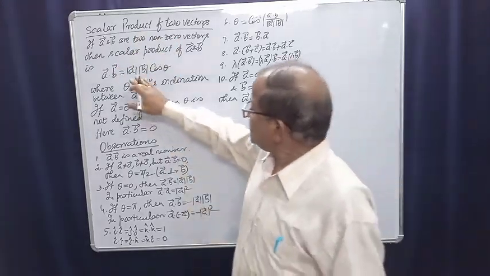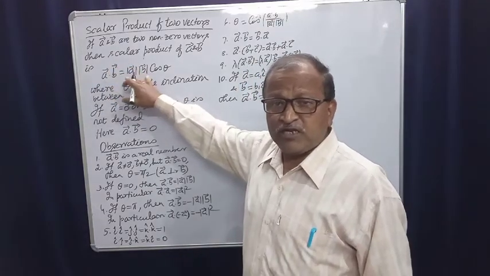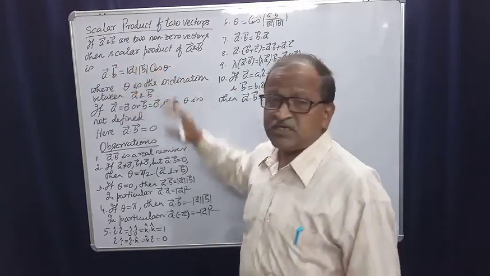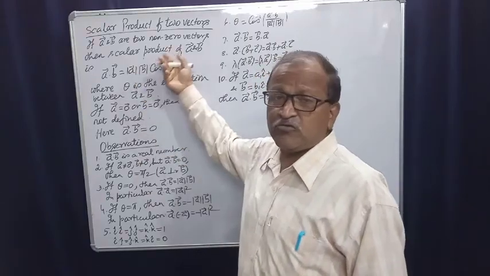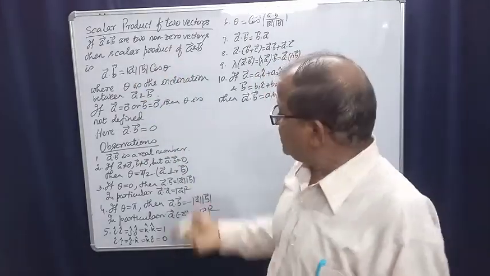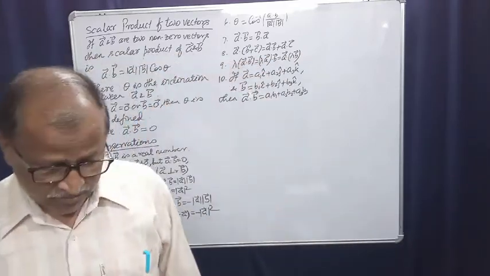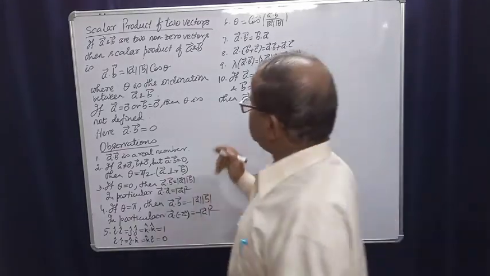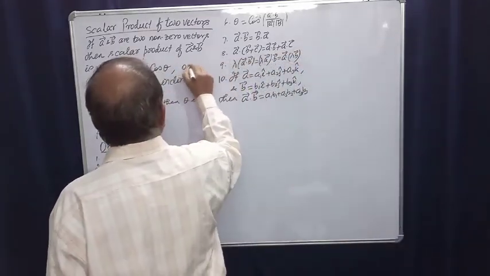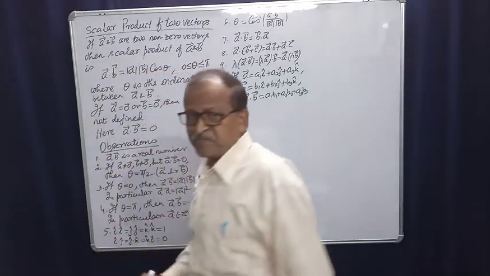Now A dot B is equal to magnitude of A into magnitude of B into cos theta. What is theta? Theta is the inclination between A and B. Inclination varies from 0 to pi.